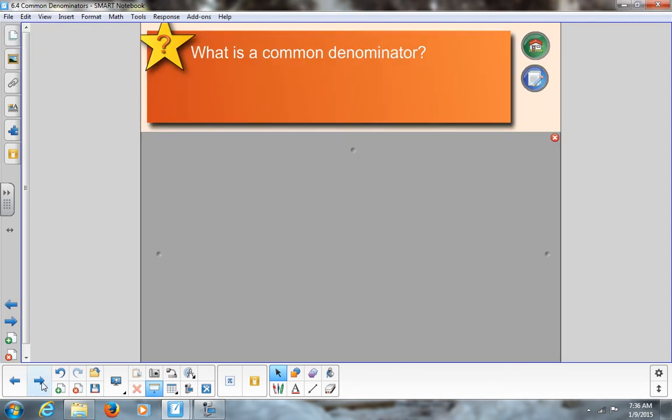All right, so what is a common denominator? It was one of our vocabulary words. If you need to, look back into your notes and find out what a common denominator is. A common denominator, well, let's take a look at what a denominator is.